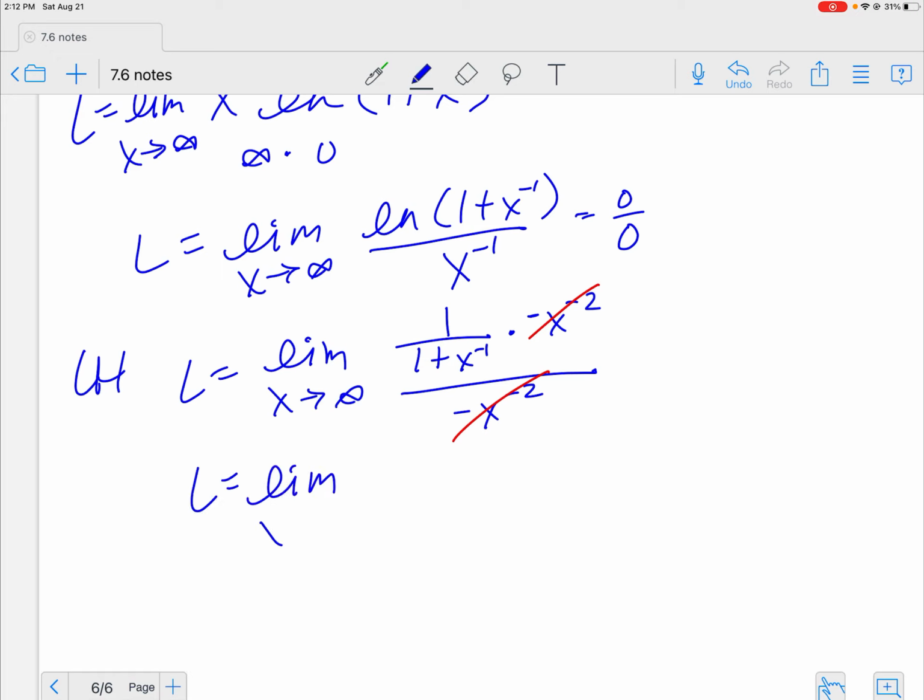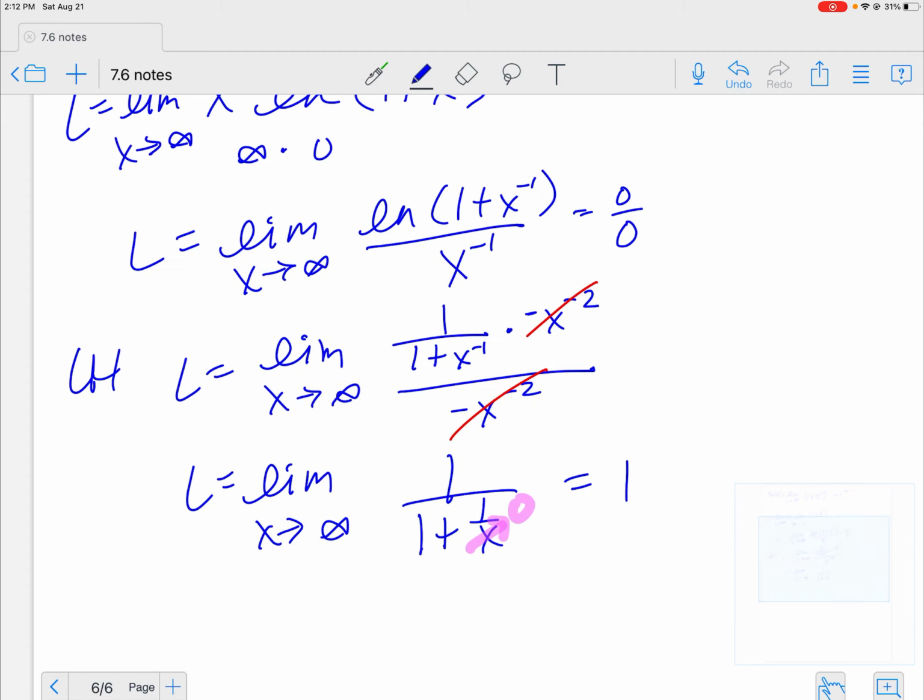So L is equal to the limit as x approaches infinity here of 1 over 1 plus 1 over x. Yes, we have a rational expression, but the fact that all of those are 1s, you can see what's happening here. This whole thing is going to go to 0. So 1 over 1 is 1. Therefore, this is e to the first power as my answer. So e is my answer to this one.